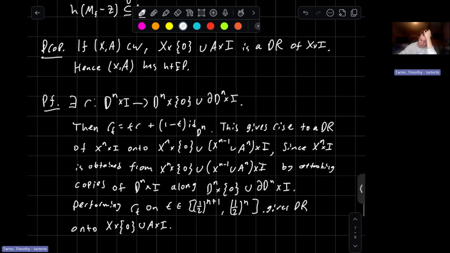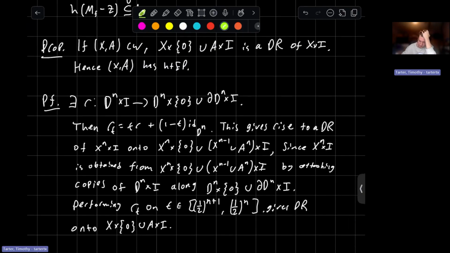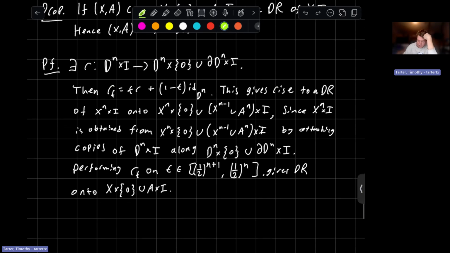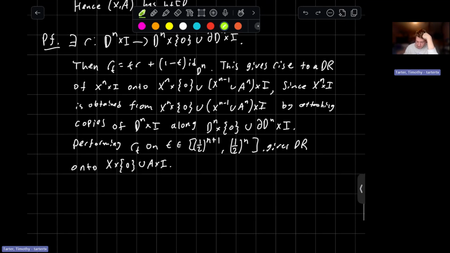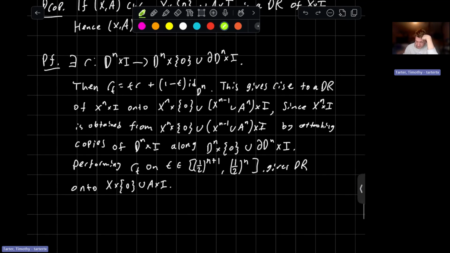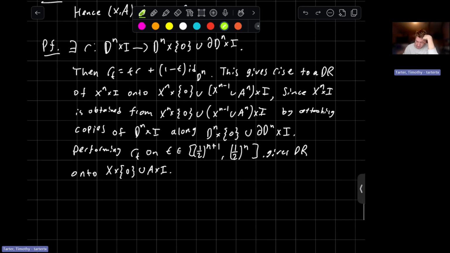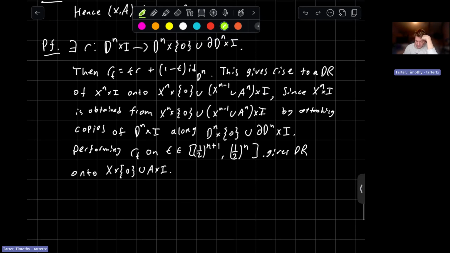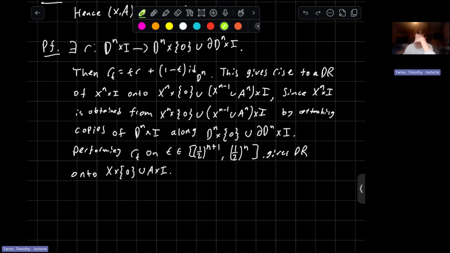So if we were given this original retraction, then we're doing basically a linear homotopy from the retraction to the identity map. And this looks like just doing this over every single n disk.